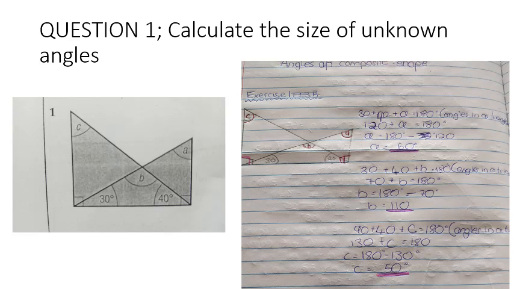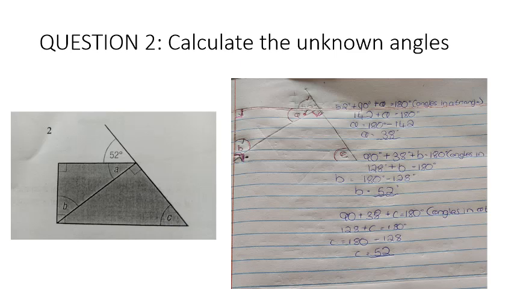So the answer is 50 degrees. That is the size of angle C. That's it. So for you to find the size of unknown angles, just check the shapes that are found within that diagram, and also identify angle properties.